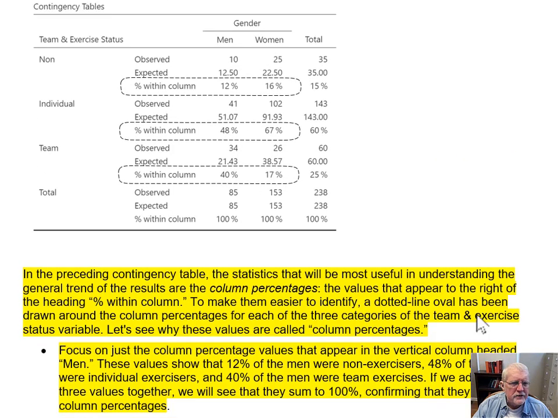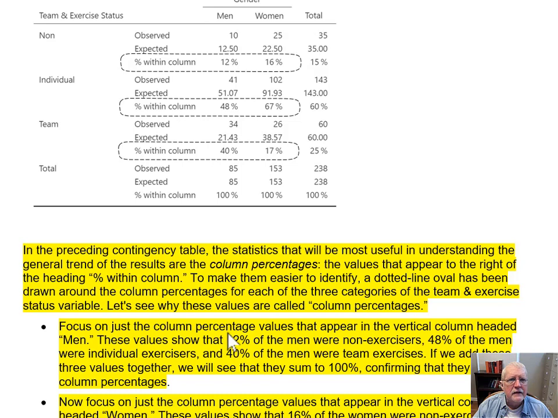Let's scroll down a little bit so we can see the text in the table as well. Focus on the column percentage values that appear in the vertical column headed men. That is this vertical column. These values show that 12% of the men were non-exercisers, 48% of the men were individual exercisers, and 40% of the men were team exercisers.